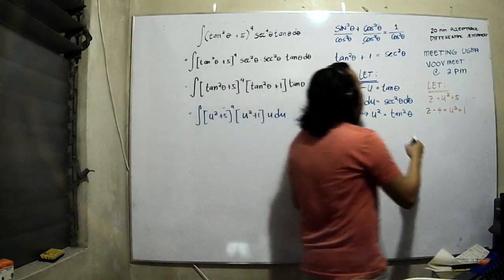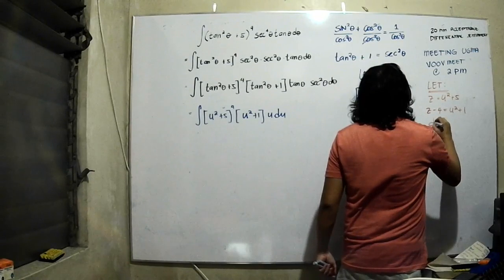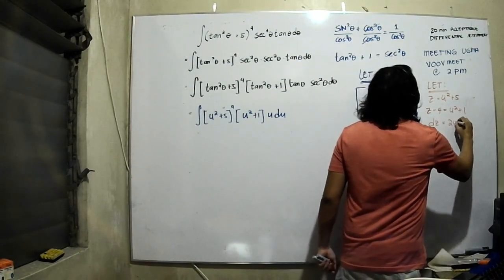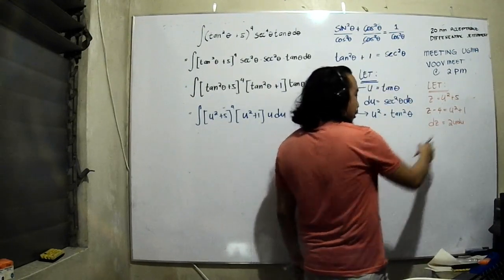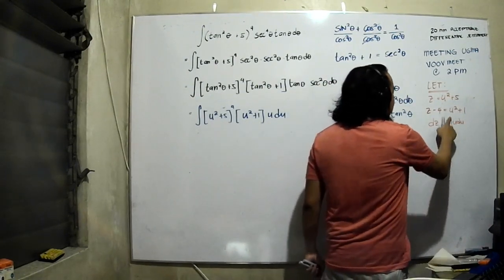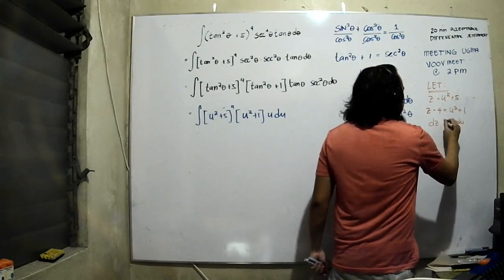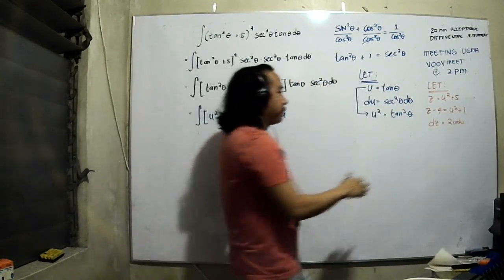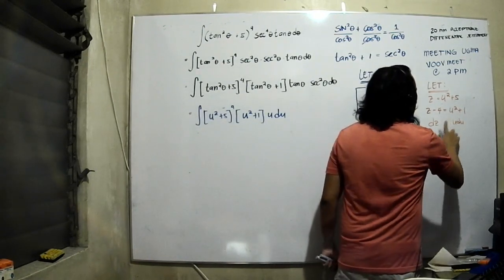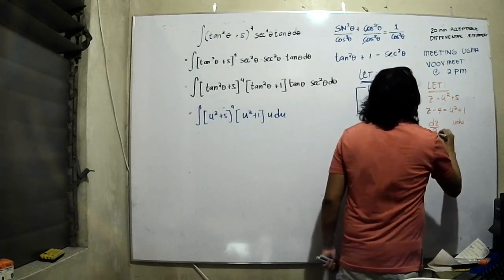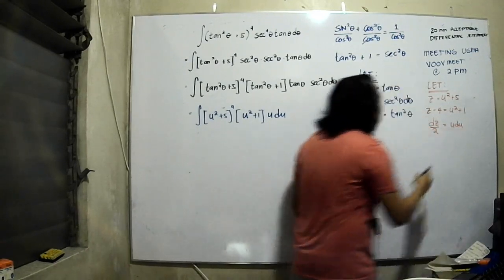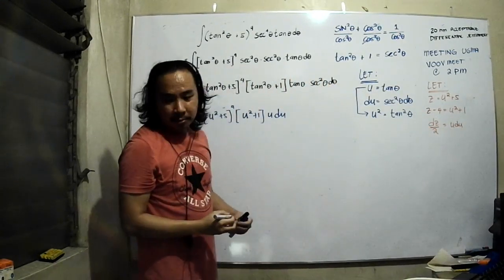Finally, I will differentiate this and we will have dz is equal to 2u du. Dividing by 2, dz over 2 is equal to u du.